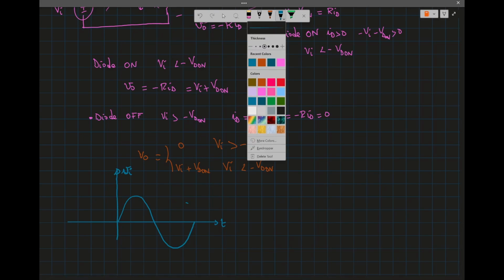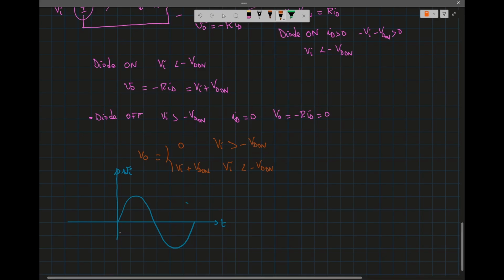Now when I have the output, so what is minus V_D(on)? So minus V_D(on) will be here. So when V_I is bigger than minus V_D(on), the output is 0. So up to this point, V_I is bigger than minus V_D(on), so it's 0.